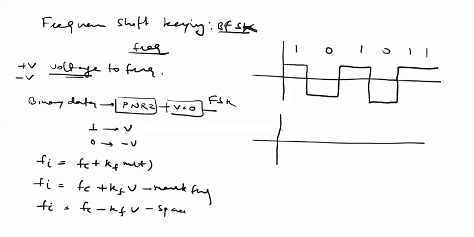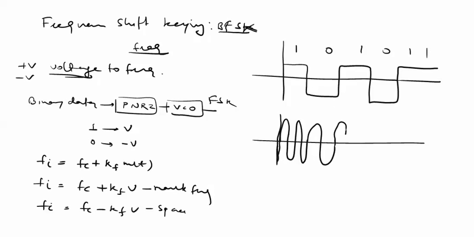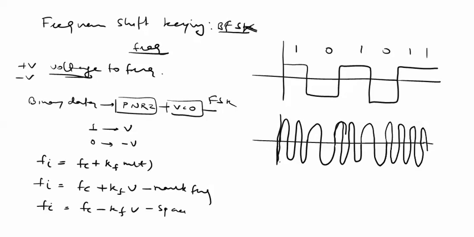If 1 is available, we use 2 cycles of the particular carrier; for 0, 1 cycle. In FSK we draw it this way: for 0 it is 1 cycle, for 1 it is 2 cycles.